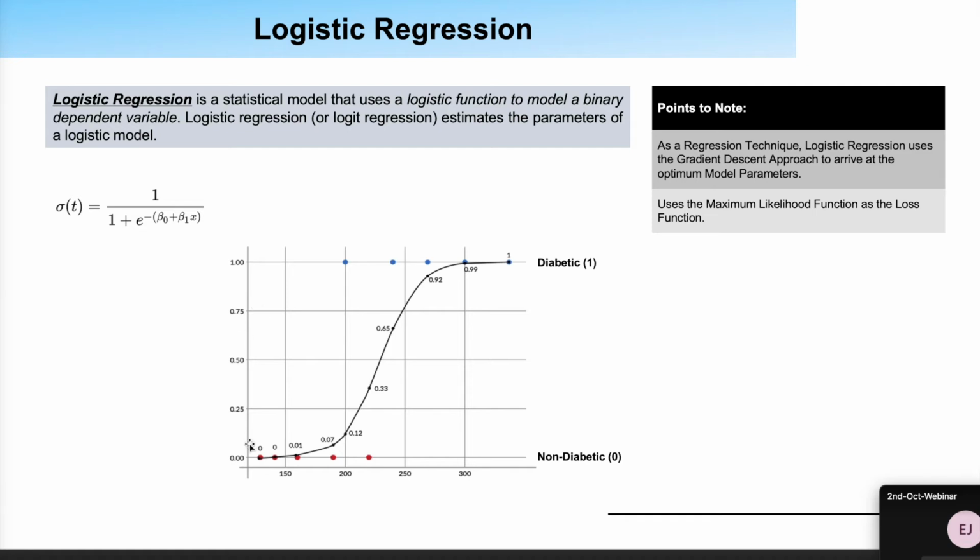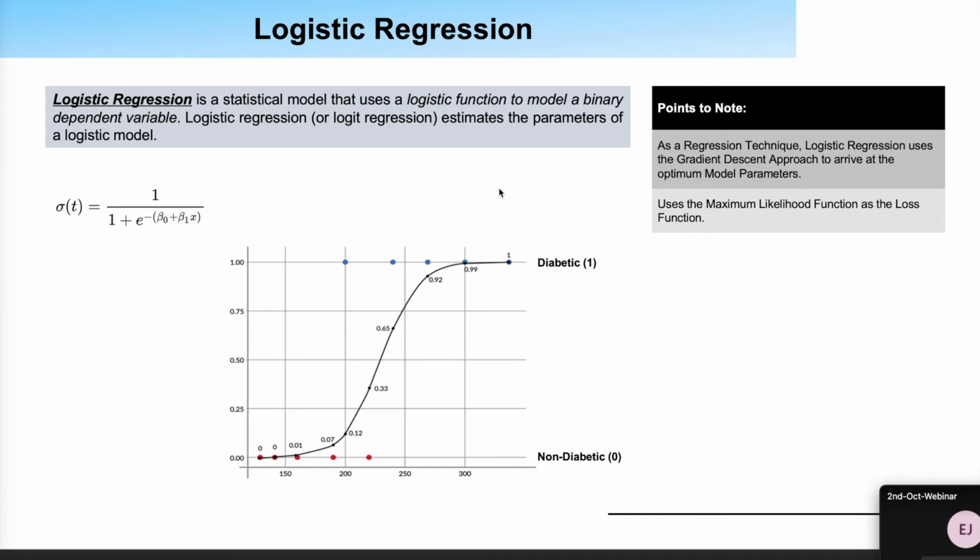For all the data points, it multiplies all the probabilities of the output being 1, which gives the maximum likelihood value, and maximizing it is going to be the motive of the gradient descent approach for logistic regression.